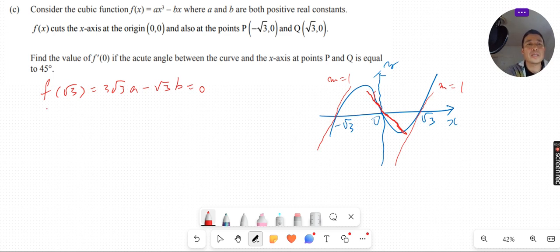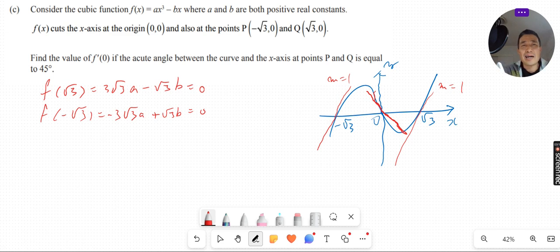The other one is negative square root of 3, so that means negative 3 square root of 3 a plus square root of 3 b equals 0.